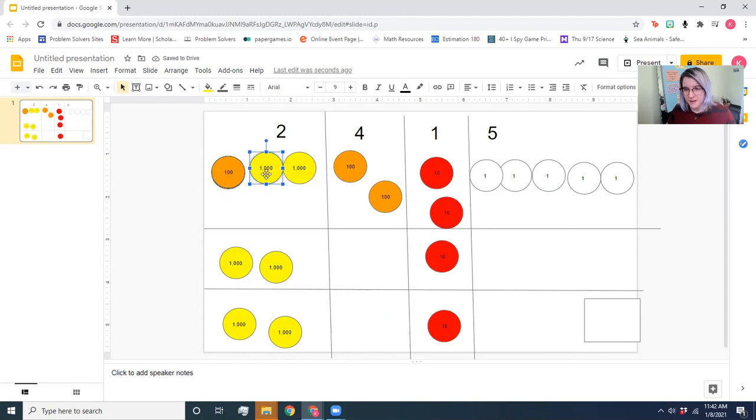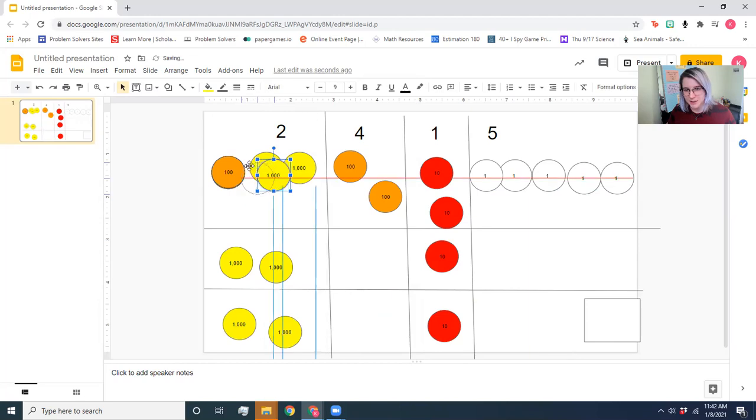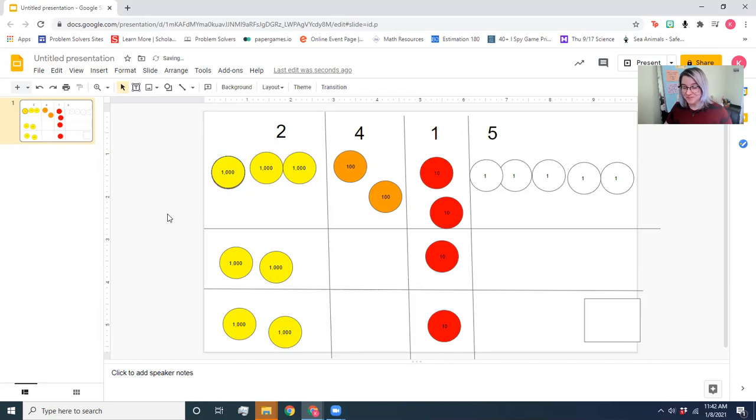And then that turns into 10 hundreds, turns into 1,000. Does that make sense? Now we can count and see if we need to add another place value. Maybe this number goes up into the 10,000s because 10 1,000s would equal 1 10,000. Let's count. 1, 2, 3, 4, 5, 6, 7.